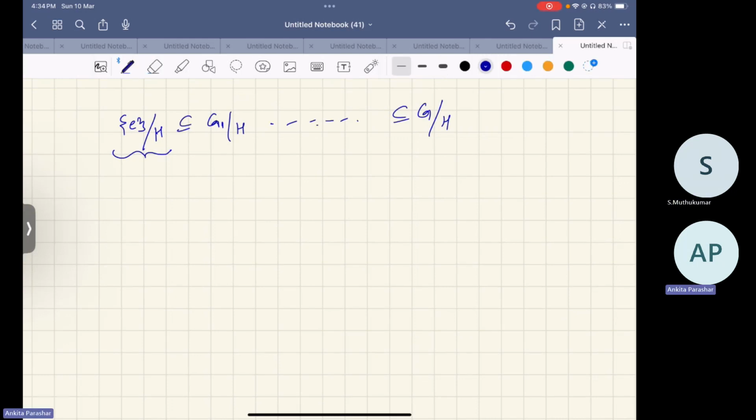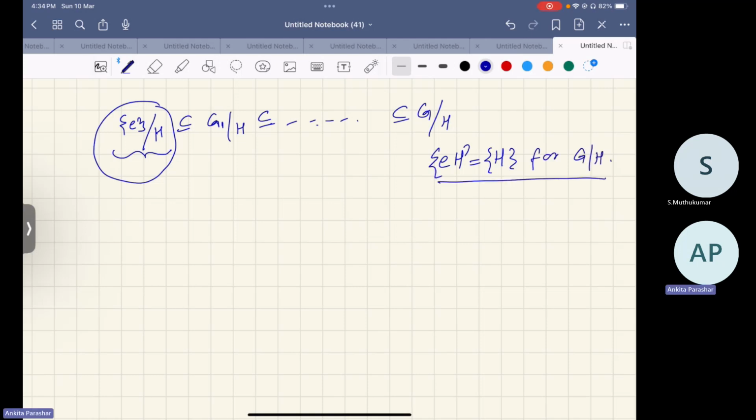I'm somehow trying to say that there is no meaning here. Because our trivial element is this, and therefore this is the trivial element for G mod H. This is what we want. So the last element has to be this. Can you modify this? Now I want you to modify this, and you will be able to do it.